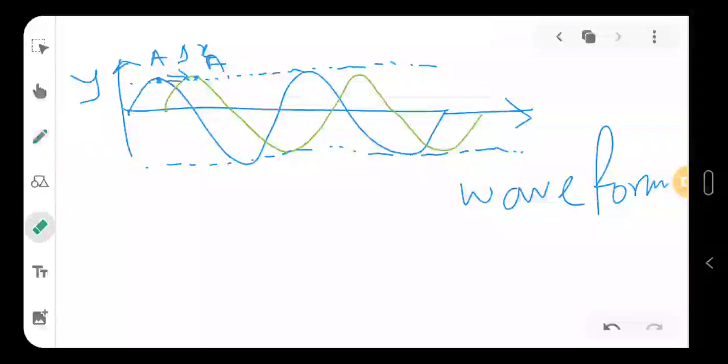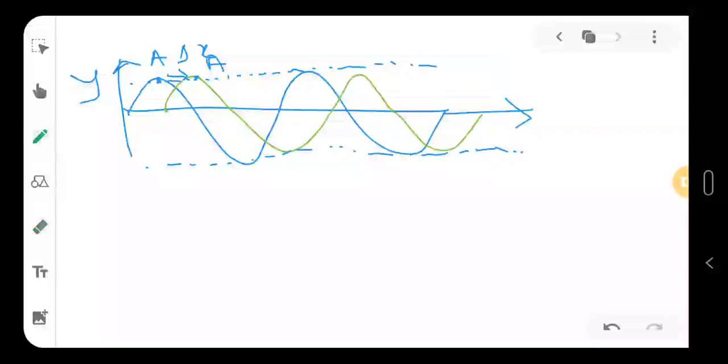So this waveform, if you look here, at this amount of time when point A has come delta x apart from its original point, see, the value of y is the same here. So the value of y has to be the same in both cases.